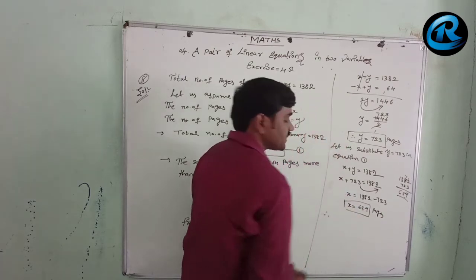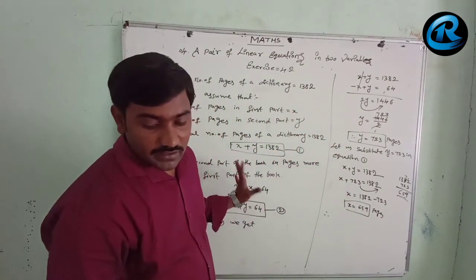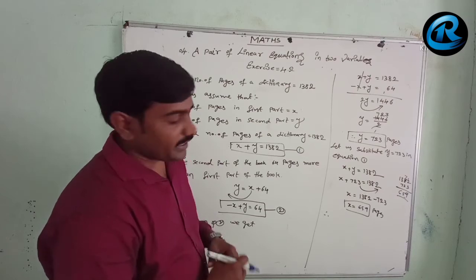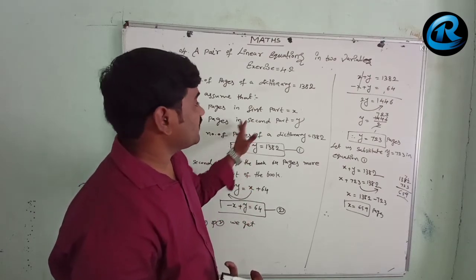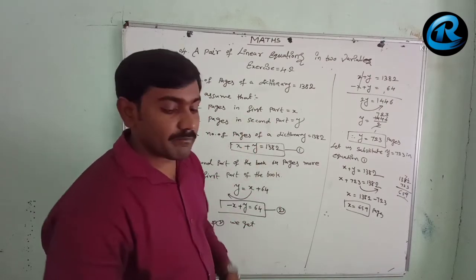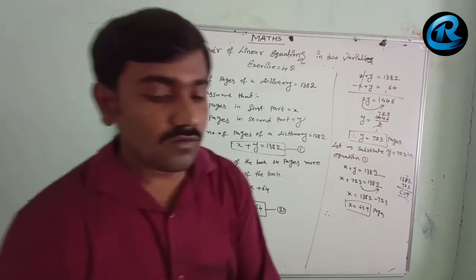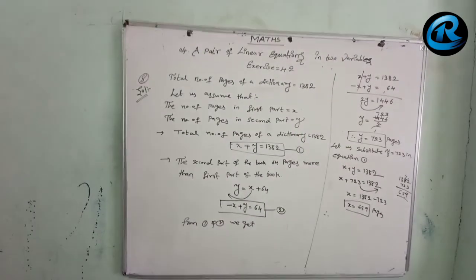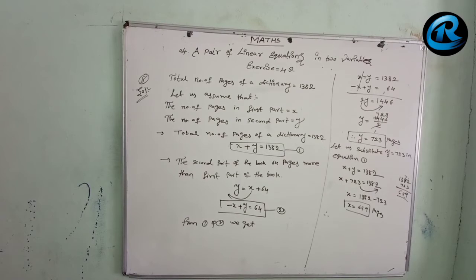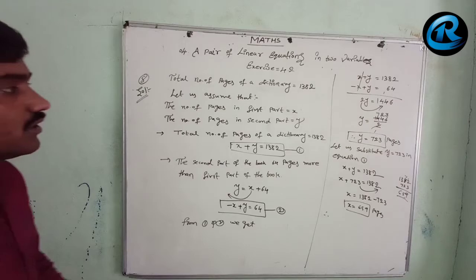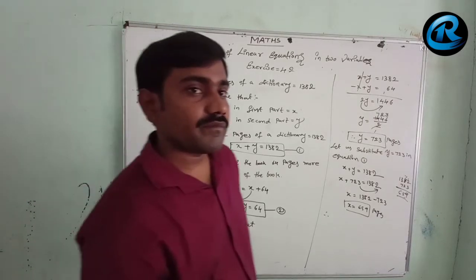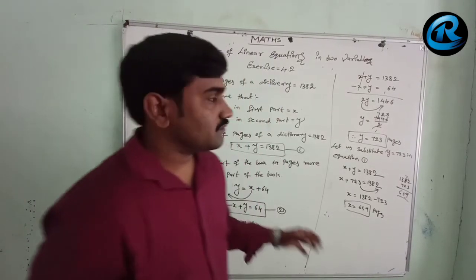So what is x and what is y? Here the number of pages in part 1, first part, and the number of pages of second part. Write it clearly and we'll go for the next question now.